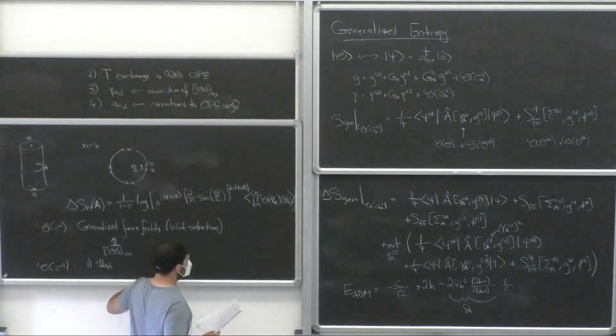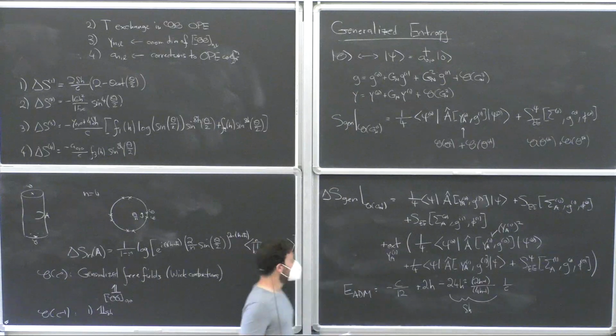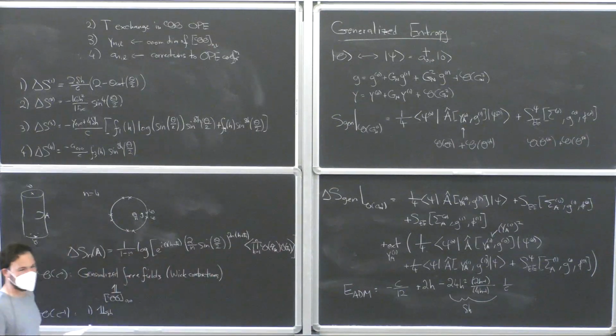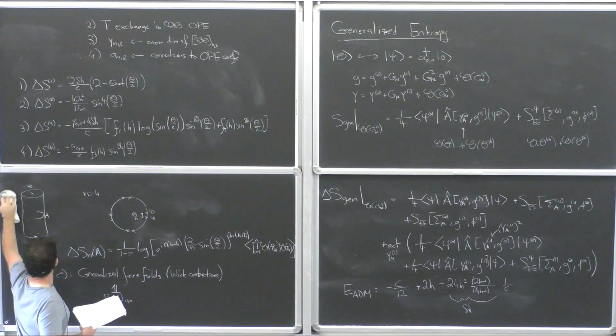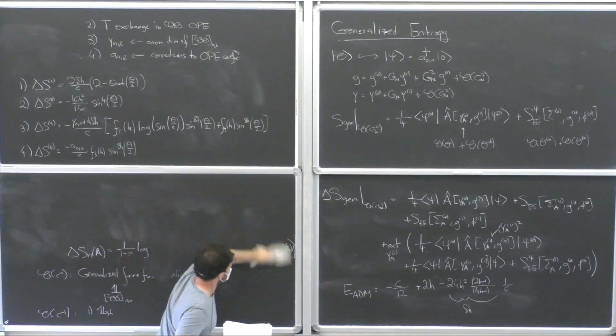So now I want to tell you maybe the most interesting part of the paper, which is why we can actually distinguish between the area and the bulk entanglement term, and why we can actually associate contributions coming from the area to contributions in the CFT, and contributions from the bulk entanglement to contributions in the CFT. And it comes from a surprising fact of the quantum extremal surface equation.